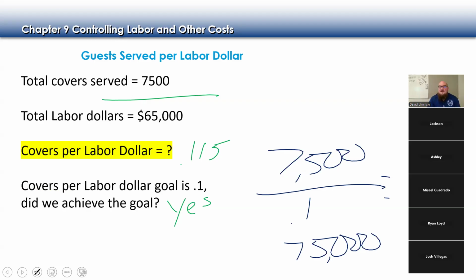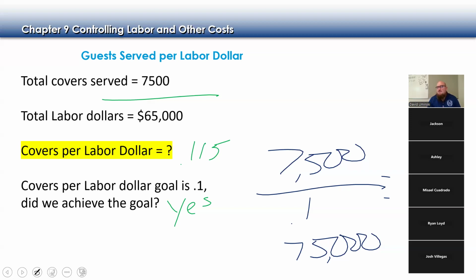That means my budget was $75,000. I only spent 65,000, so I was able to control my labor costs. I was able to save that $10,000. Okay, how do we do that?